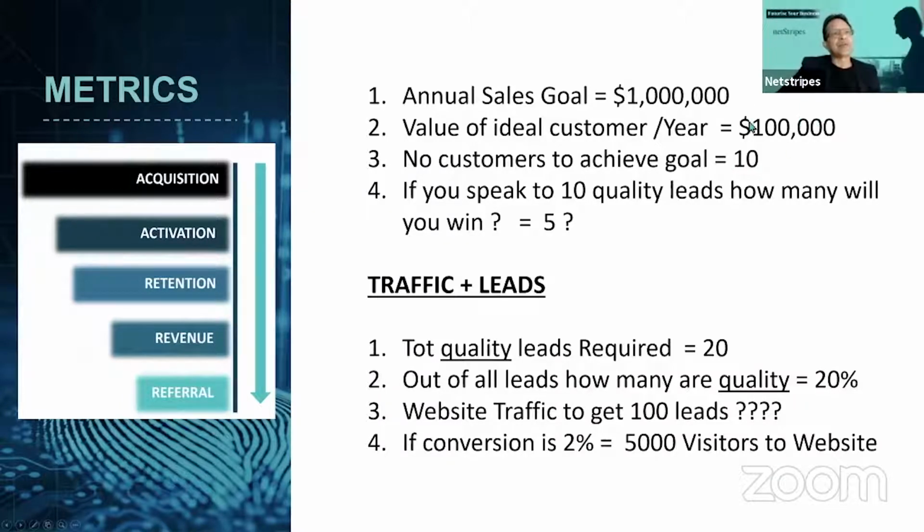So if you really want to achieve $1 million, they need to do 10 renovations a year. So the next question you've got to ask yourself is, to win 10 renovations, how many leads do I need to get? That's a very important question.